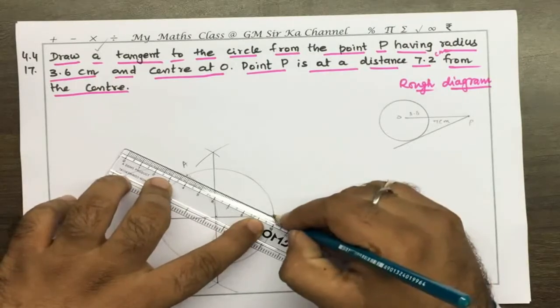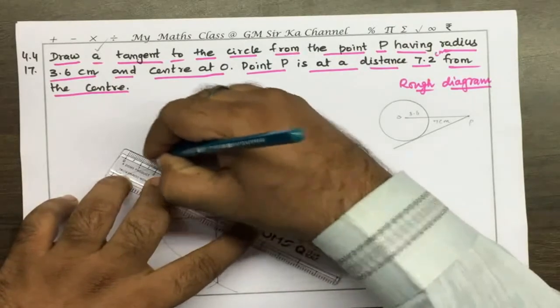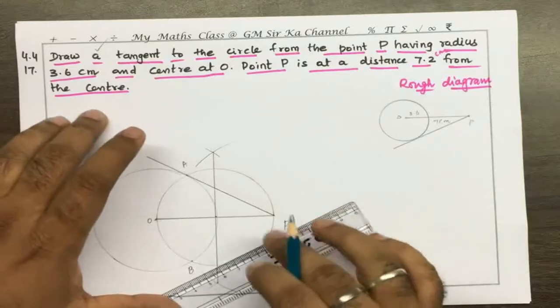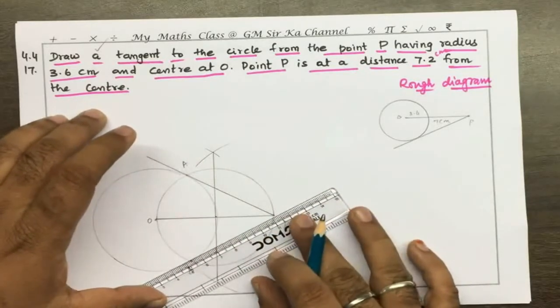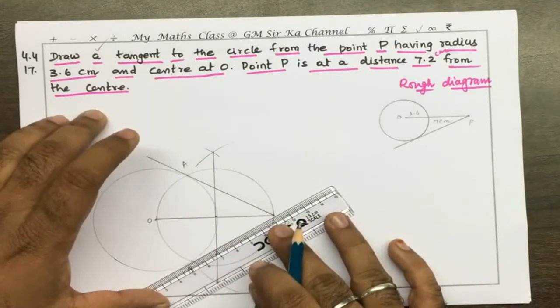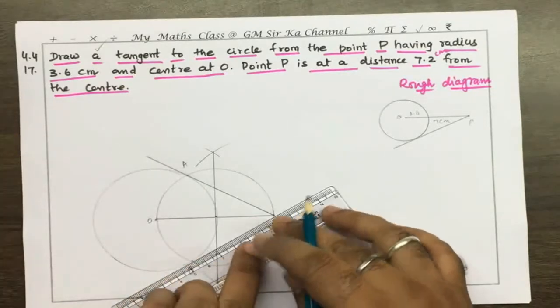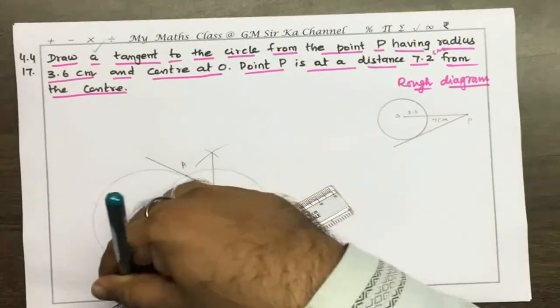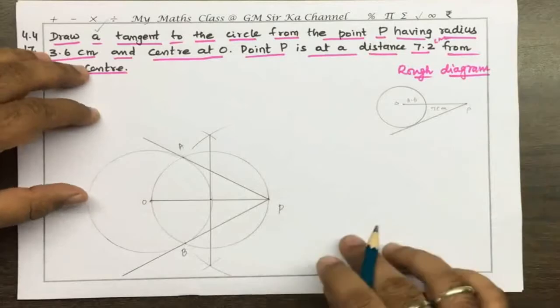So PA is a tangent, and another tangent we can draw, PB is another tangent.